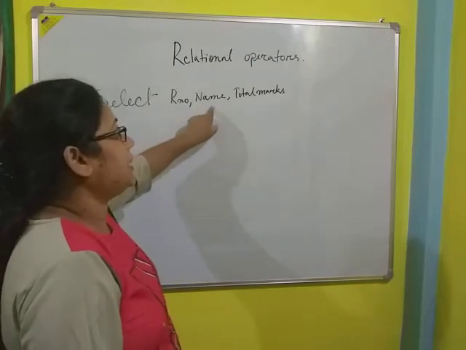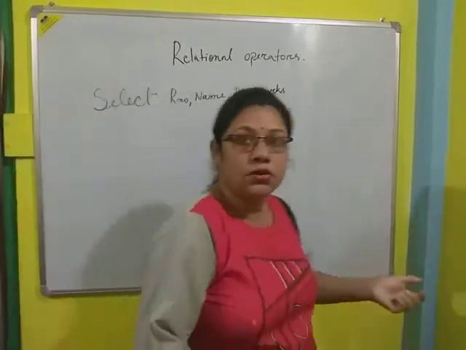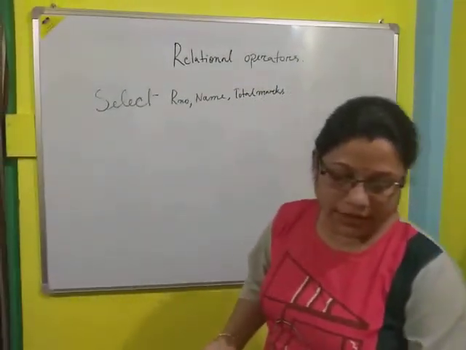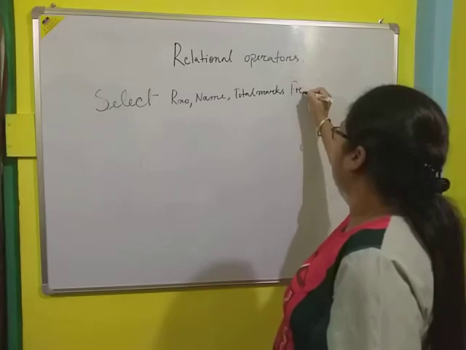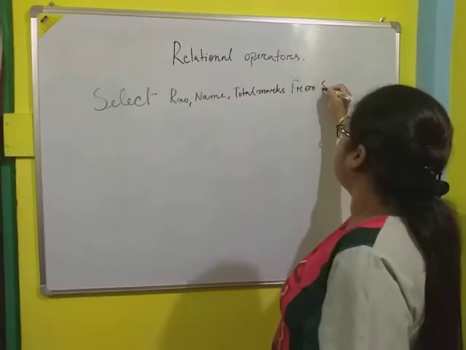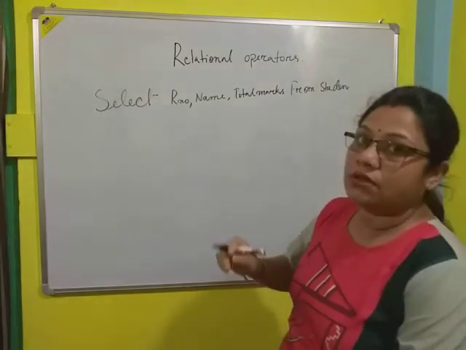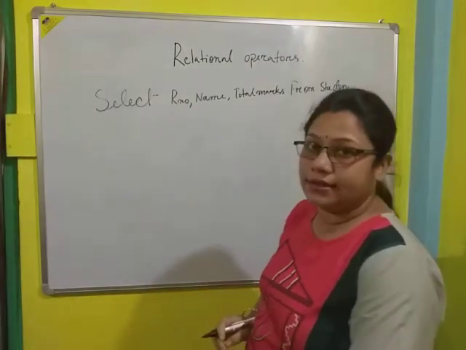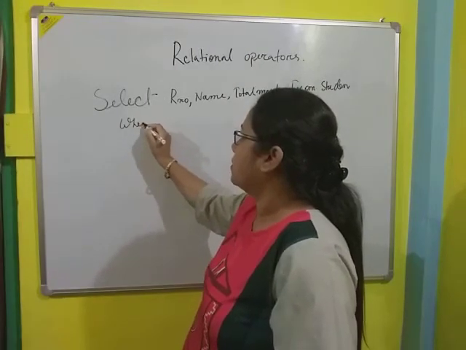Select roll number, name, total marks from the table student. The table name is student. Now I am going to put the condition here by using the where clause. Where.